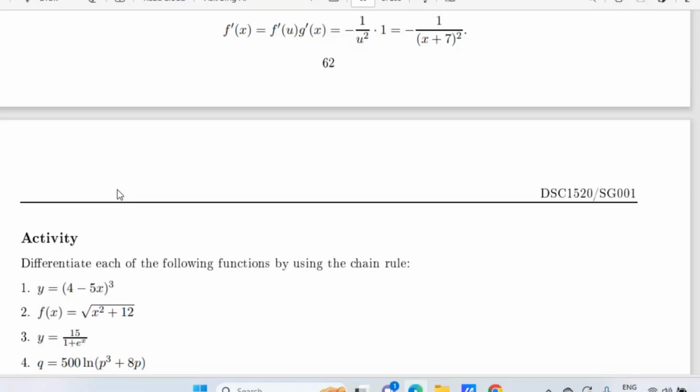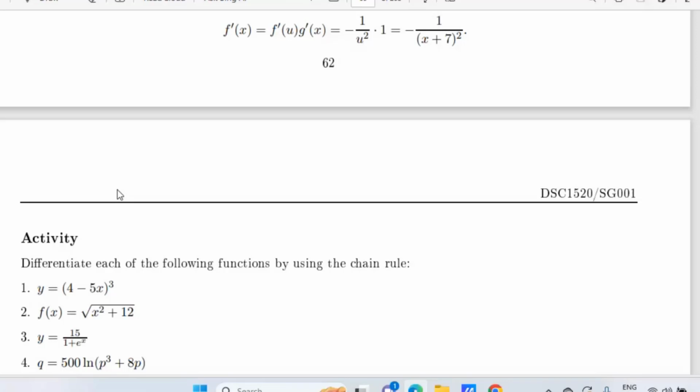I got 15 e to the power x over open bracket 1 plus e to the power x close bracket squared.